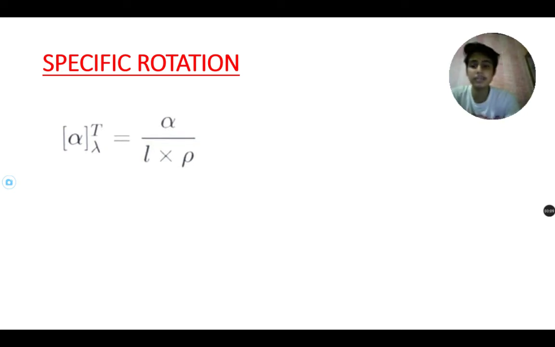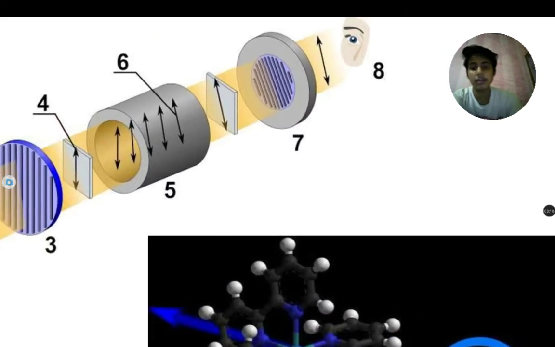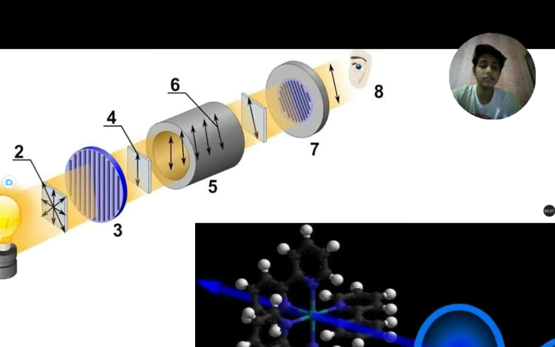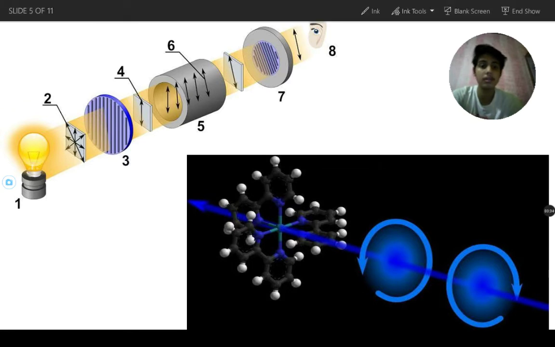So in the previous picture, see here the 5 is showing the tube of the plane polarized light. That is the important thing, that L concept is here. See, this 5 is the length of the polarizer.